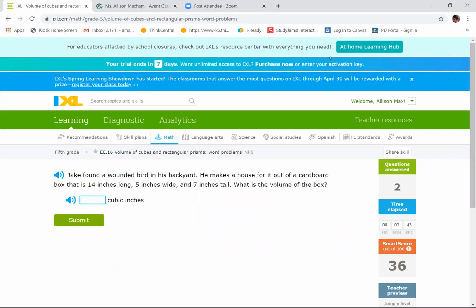All right, Jake found a wounded bird in his backyard, and he makes a house for it out of a cardboard box that is 14 inches long, 5 inches wide, and 7 inches tall. What's the volume? Well, length, width, height.